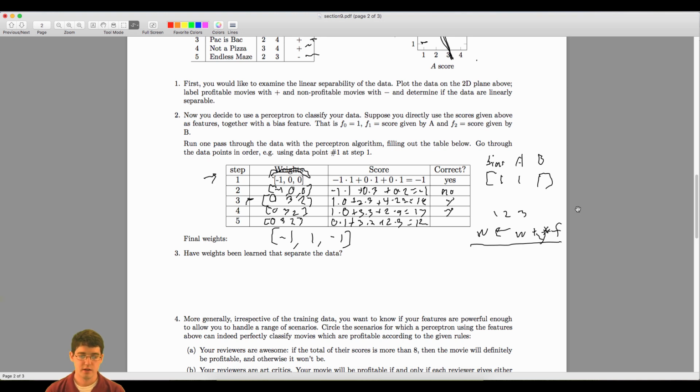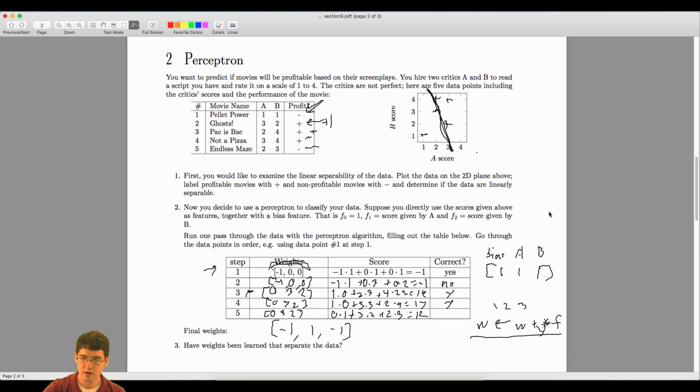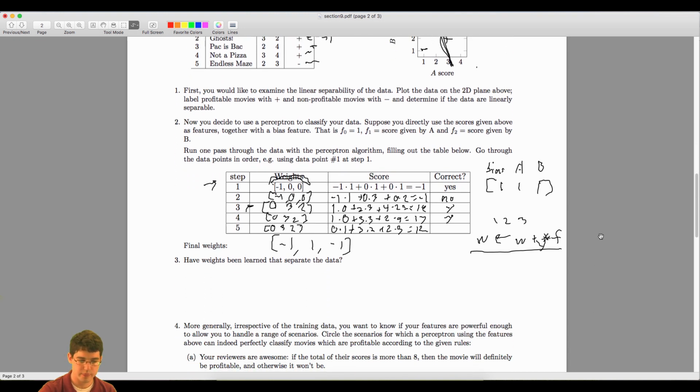Now we can ask: has this weight vector learned to separate the data completely? Have we learned the line that goes in between the pluses and the minuses exactly? The way we can do this is to go back through all of our points and see what the classification is.